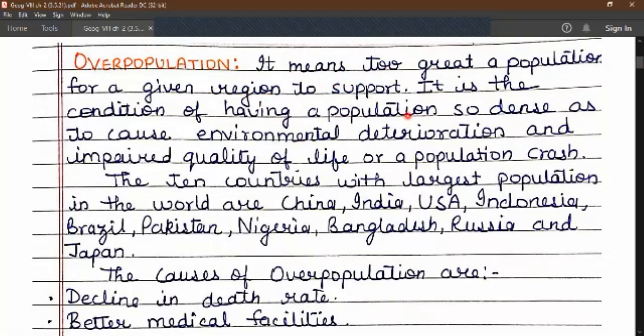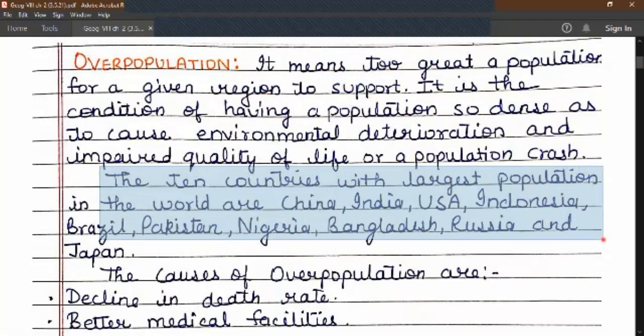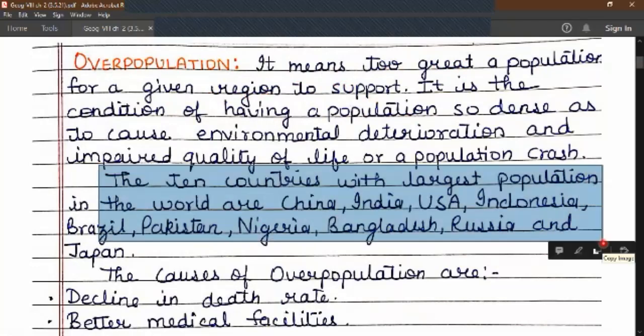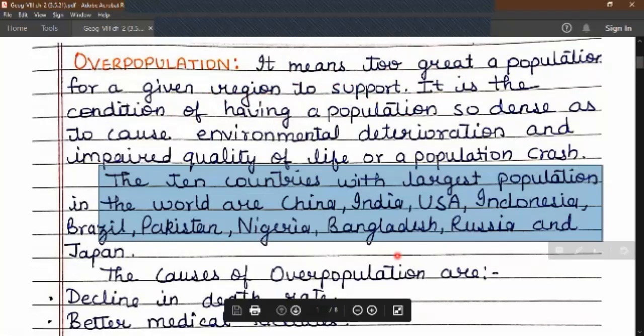The 10 countries with largest population in the world are China, India, USA, Indonesia, Brazil, Pakistan, Nigeria, Bangladesh, Russia, and Japan.